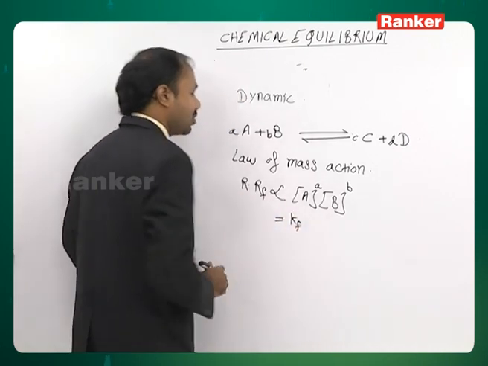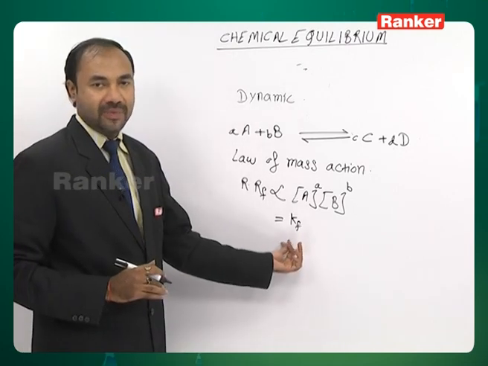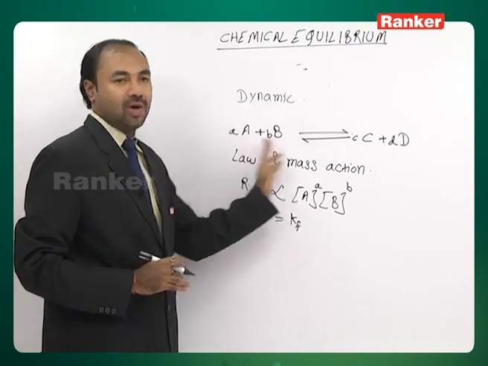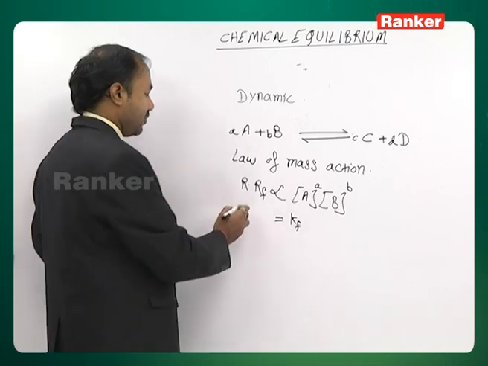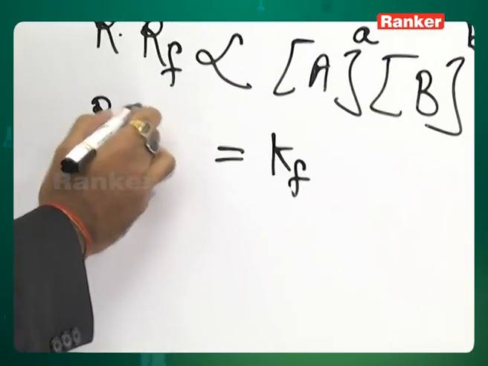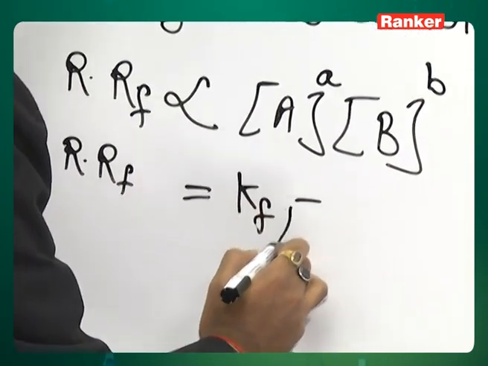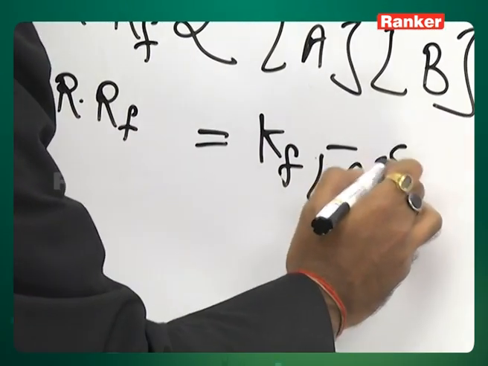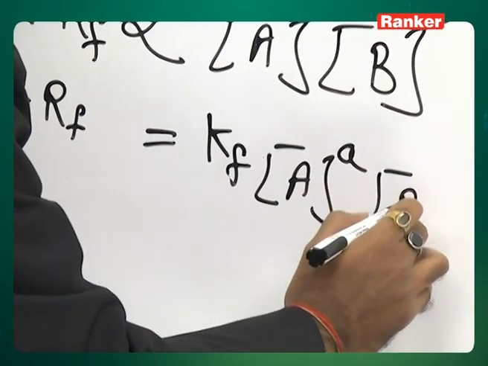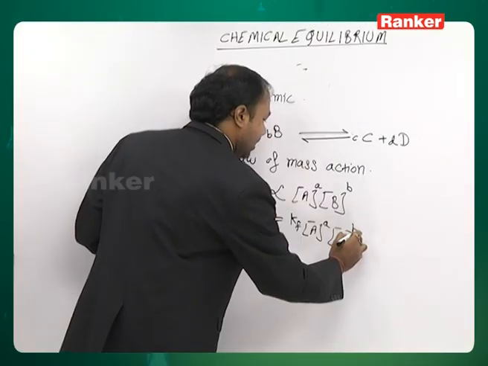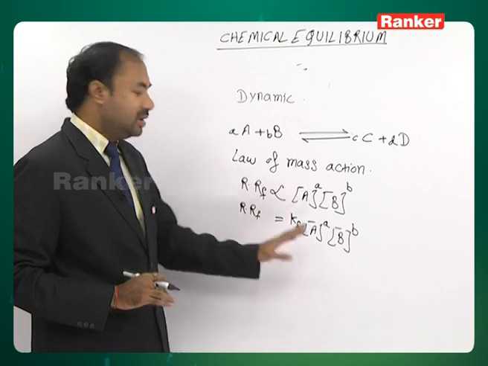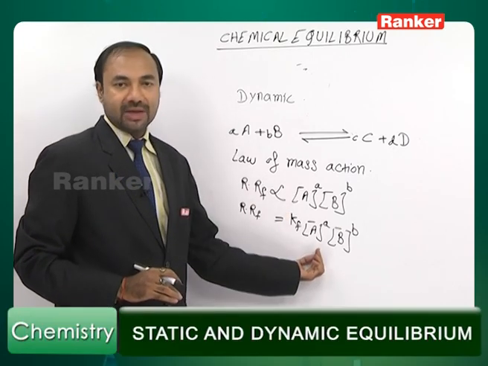We assume the proportionality constant is Kf here. So the rate law for the forward reaction becomes Rf equal to Kf into concentration of A raised to power a into concentration of B raised to power b. This becomes the rate of forward reaction.